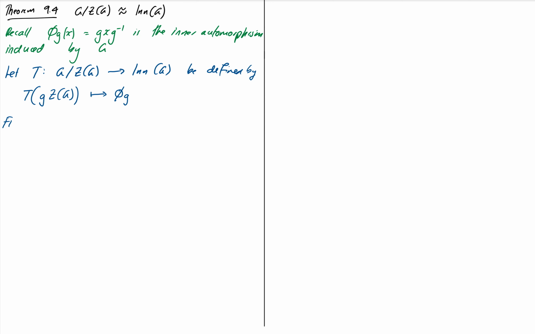So first, show this is well defined. That means that if we take two different representatives of the coset, so if G Z of G is equal to H Z of G, then phi G is equal to phi H. Okay, so how do we do this?